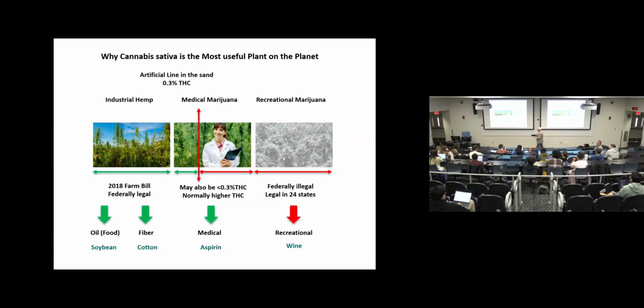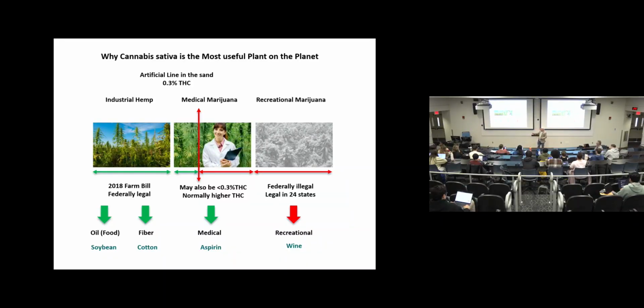Okay? This 0.3% THC is very important, but it's an artificial chemical line drawn in the sand. Okay? It's trying to make sure that this industrial hemp stuff isn't possible to use for recreational purposes. And in other parts of the world, this might be 0.3%. You could probably do 1%.